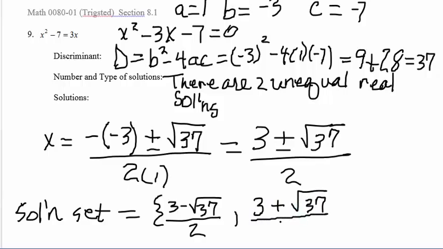And these are two unequal real numbers that happen to be irrational. And so we can approximate these, but the only way we can give an exact value is to leave these in this form. Otherwise, if we try to write them as decimals, we can only write an approximation.